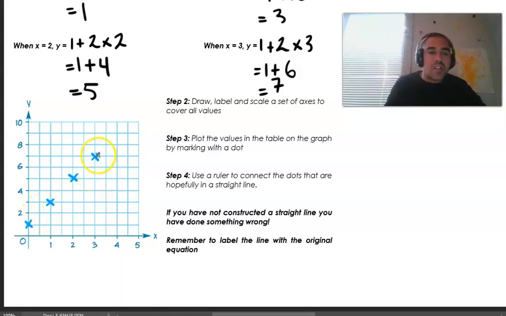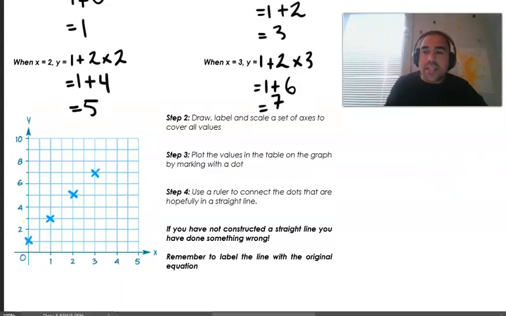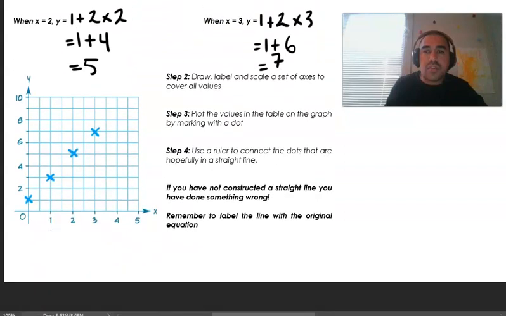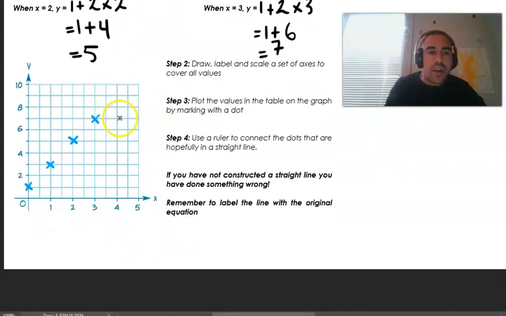Okay, so we don't necessarily need to use that table that's over here to know the next one, because we know that when you generate that graph, every time it goes up by 1 on the x-axis, it is going to go up by 2 on the y-axis.